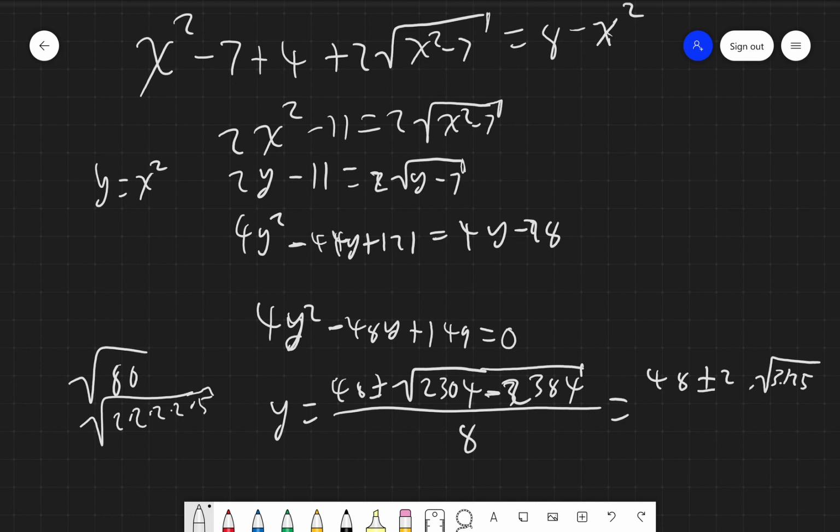So I can take out a 4. Wait, what? So confused. Okay, my brain isn't working. You can take out a 4i. What did I do wrong? Oh my god.